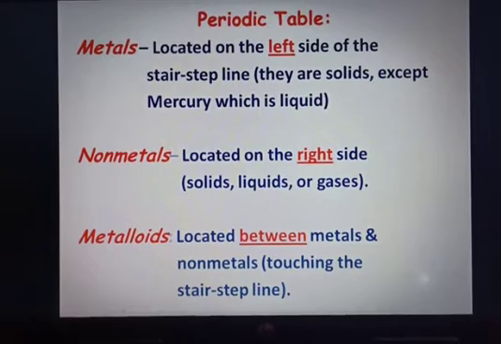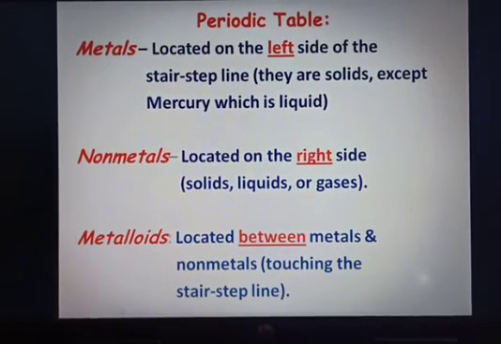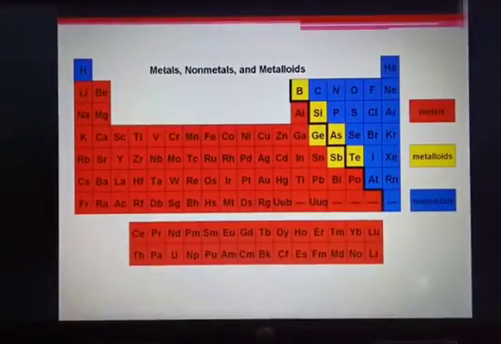Now I want you to know, as science students, another term that is very important, that is metalloids. I'll be telling you in detail. They are located between metals and non-metals. It means they are touching the stair-step line. I'll show you how they are located in the periodic table.